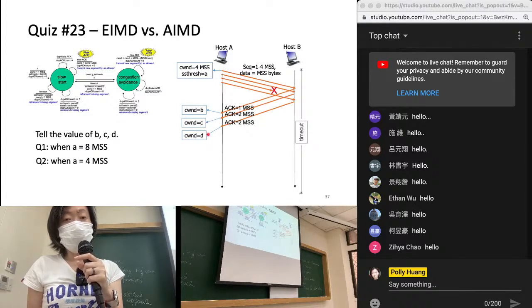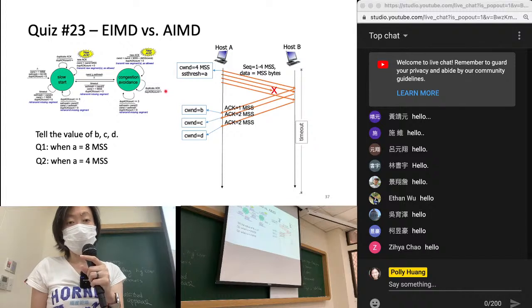And D, oh, wait a minute. The ACK here says 2 MSS. This is already a duplicate ACK. In terms of duplicate ACK, where the duplicate ACK count is not 3, we simply increment the duplicate ACK count and do nothing about the congestion window size. So D here remains what? 6.